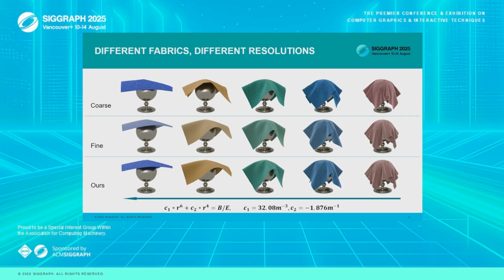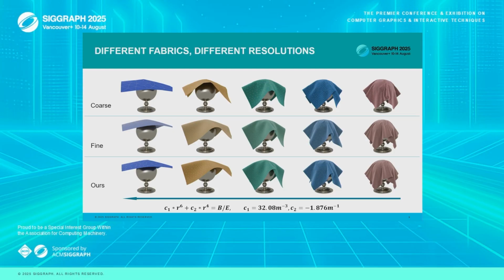Okay, let's see some results. Once C1 and C2 are computed, we can use a fabric's bending stiffness and its Young's modulus to calculate its optimal resolution in our simulation system. When using overly coarse resolutions, the results can differ significantly from high-resolution simulation results.